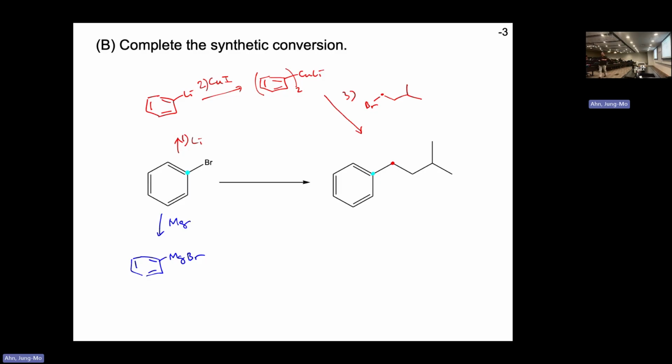We know how Grignard reagents behave, but there's something I still don't know about why it doesn't happen. If you want to make an SN2, the copper is the way to go.